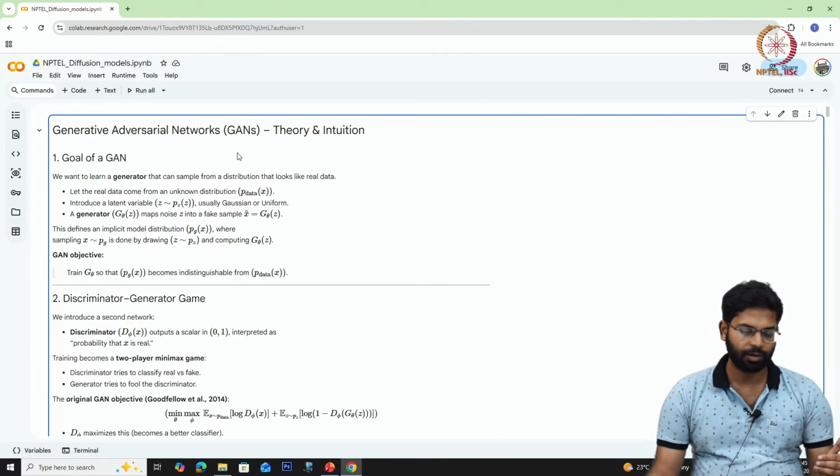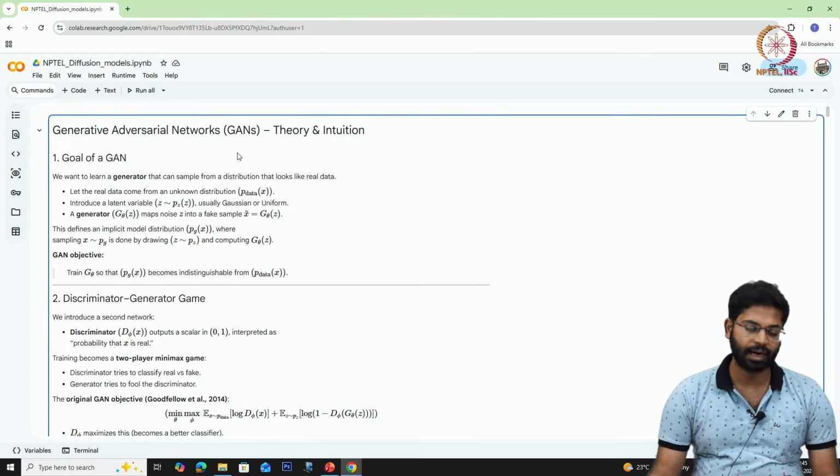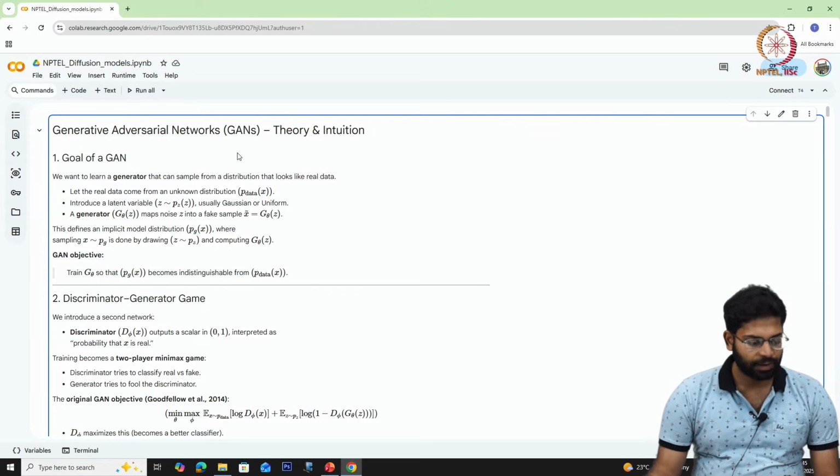So the latent variable you pass through the generator returns the X tilde. This defines an implicit model distribution P_G(X), where sampling X from P_G is done by first drawing Z from P_Z and then computing G theta(Z).